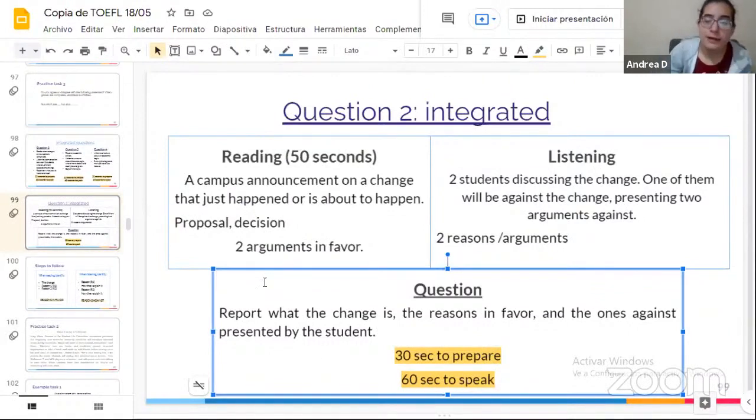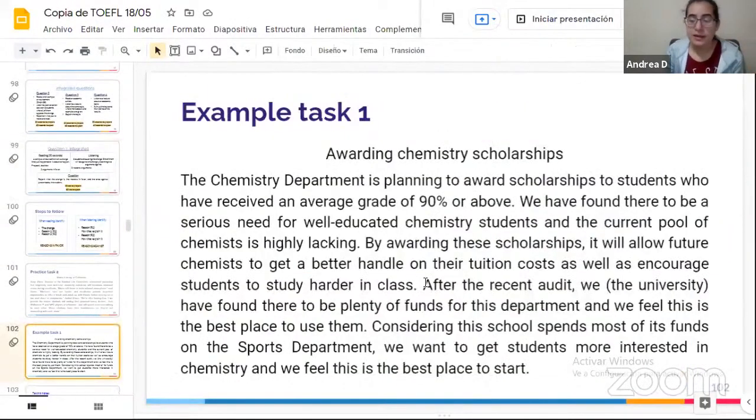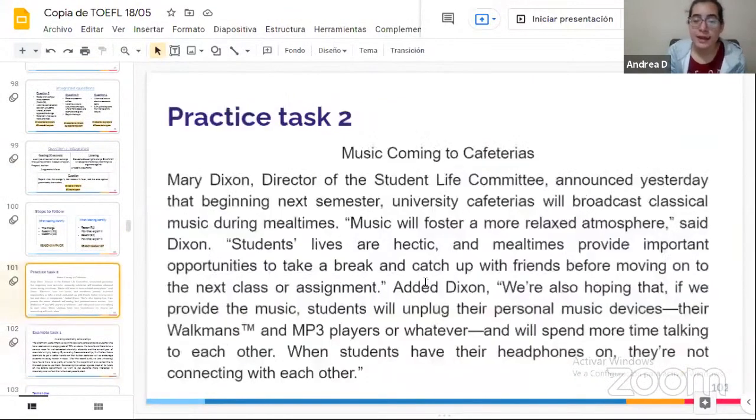So regarding content, that was the structure. Now, what exactly do you need to read and listen to? Everything is going to revolve around a campus announcement or a campus change. What you will be reading is probably something you would see in the college newspaper.